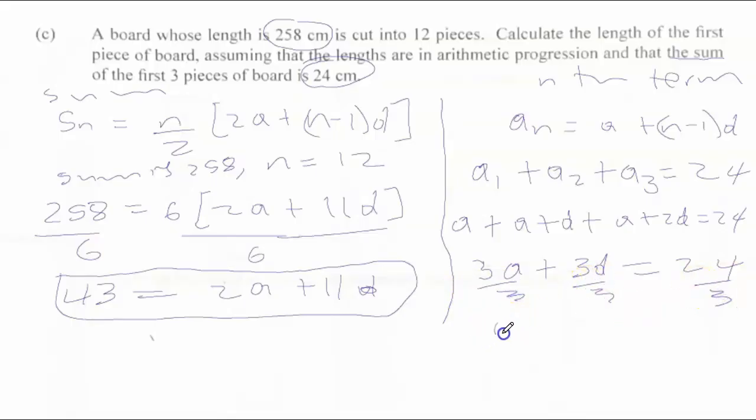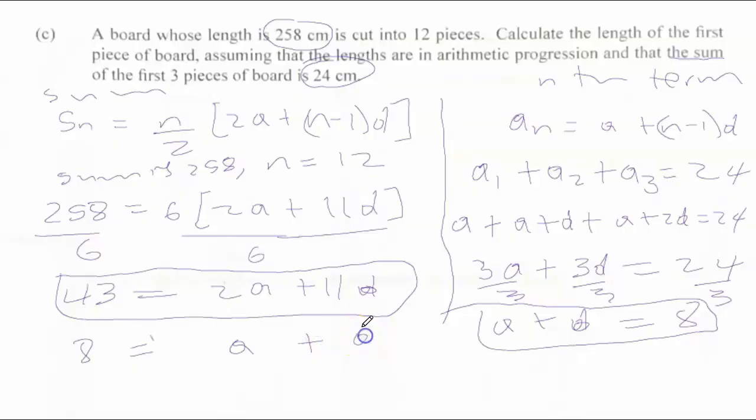We'll get a plus d, and 24 divided by 3, that's 8. So we have a pair of simultaneous equations: a plus d equal to 8, same as saying 8 equal to a plus d.